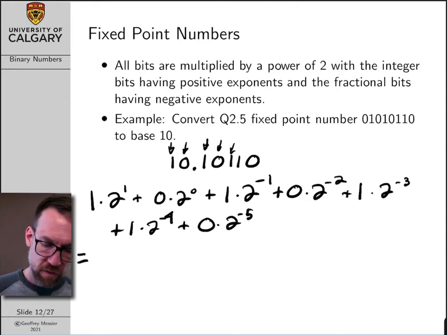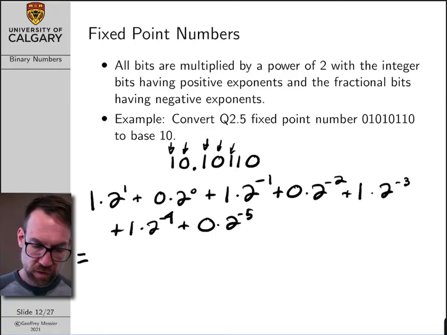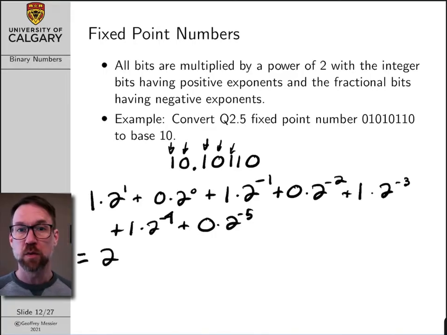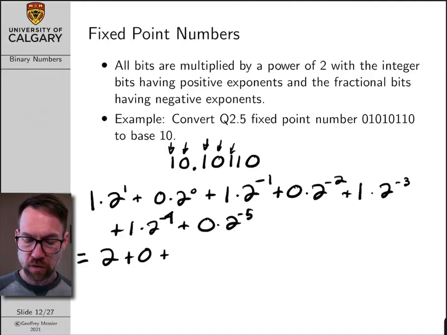If I then write out what these numbers are actually equal to, we have 2, and I will write the 0 terms, plus 0, plus 1 times 2 to the minus 1, which is 0.5.